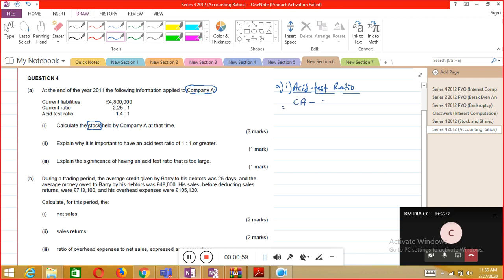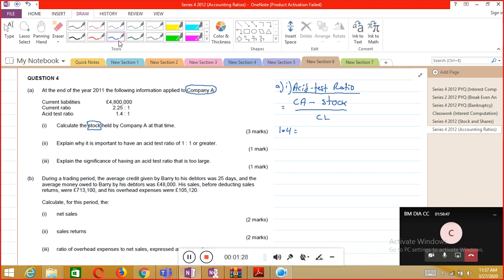Current assets minus stock, divided by current liabilities, correct? They already gave us the answer, 1.4, and CA, tada. Now the CA we don't have.